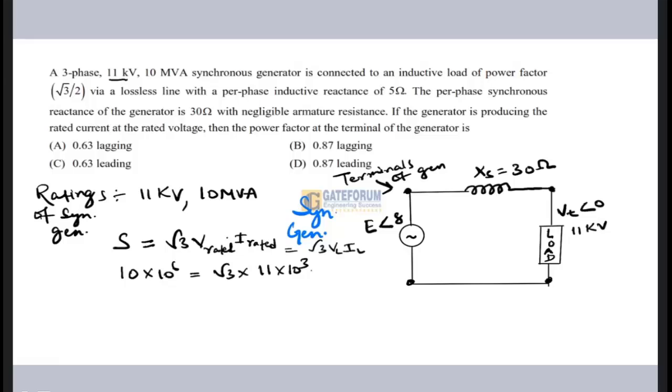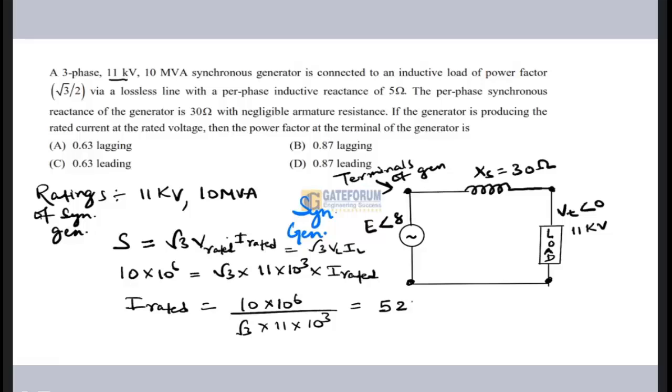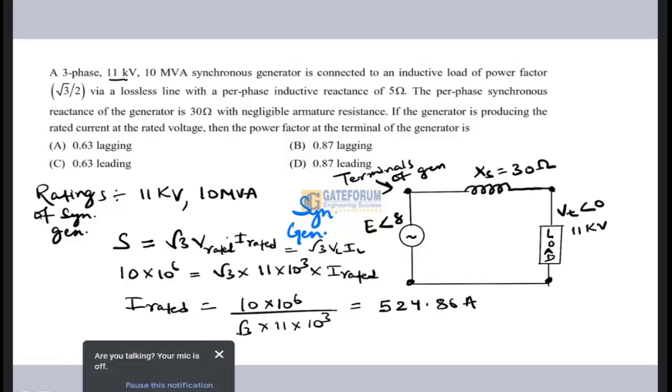So I rated can be found from here. I rated will be equal to 10 into 10 to the power 6 by root 3 into 11 into 10 to the power 3. If you solve this, you'll get 524.86 ampere.